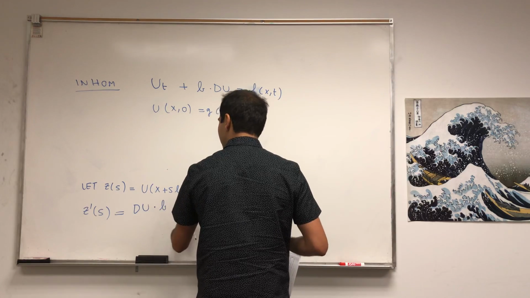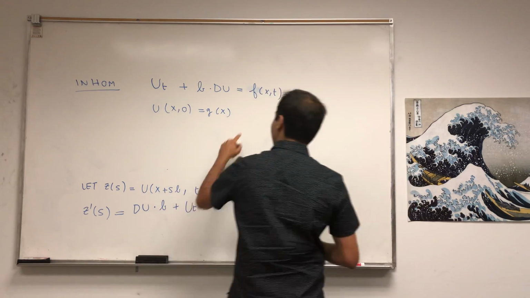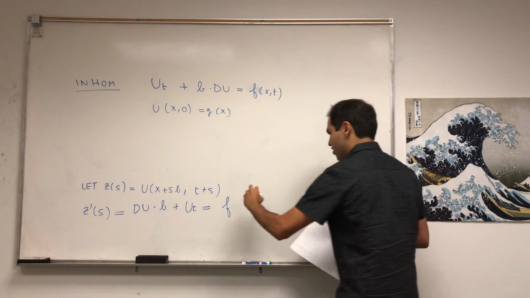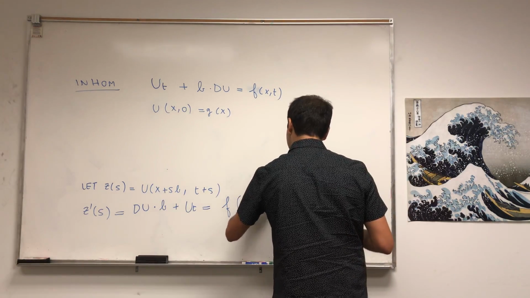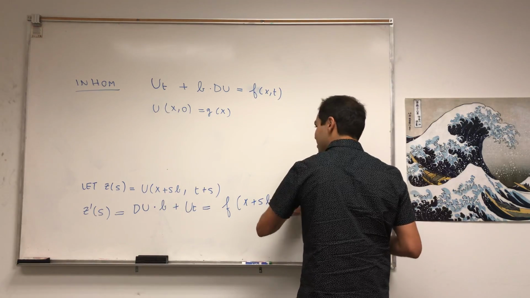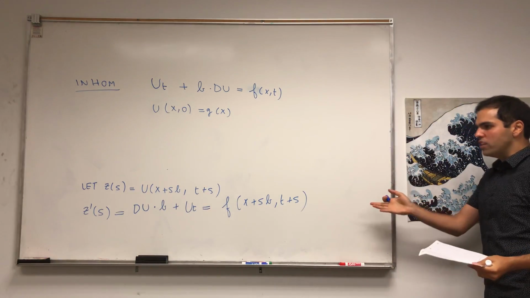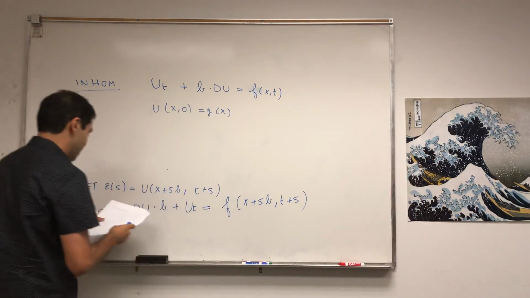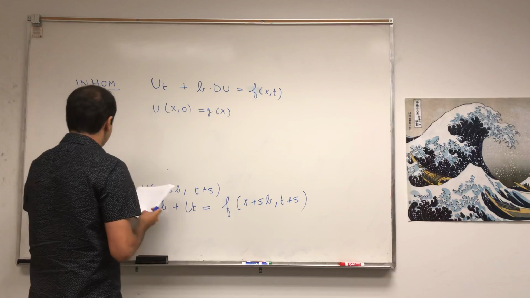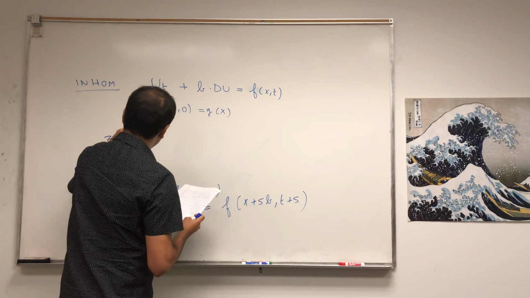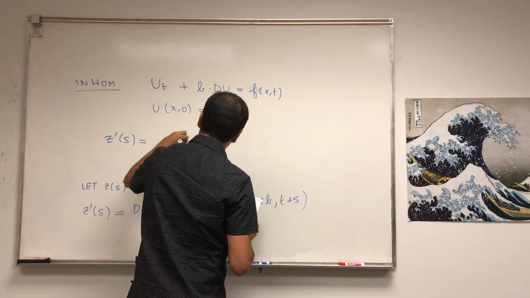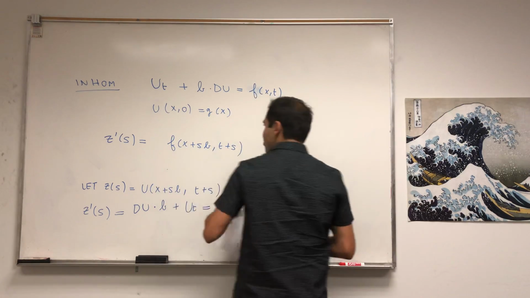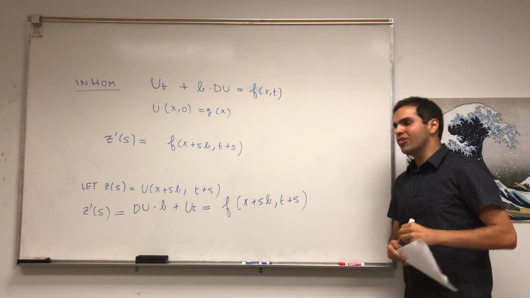So Du dotted with b plus u_t, and by our equation, this equals f of x plus sb, t plus s. And so what do we get? We get z prime of s equals this whole thing. So in particular, z prime of s equals f of x plus sb, t plus s. So in particular, z is the integral of f.